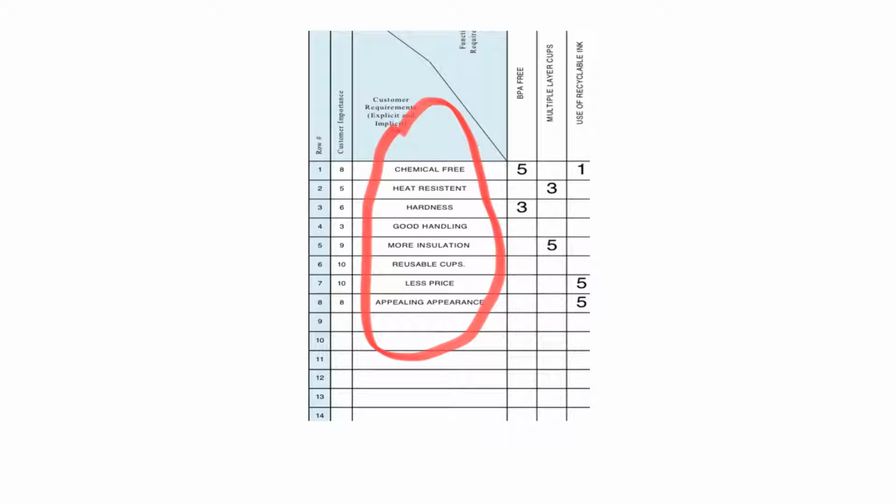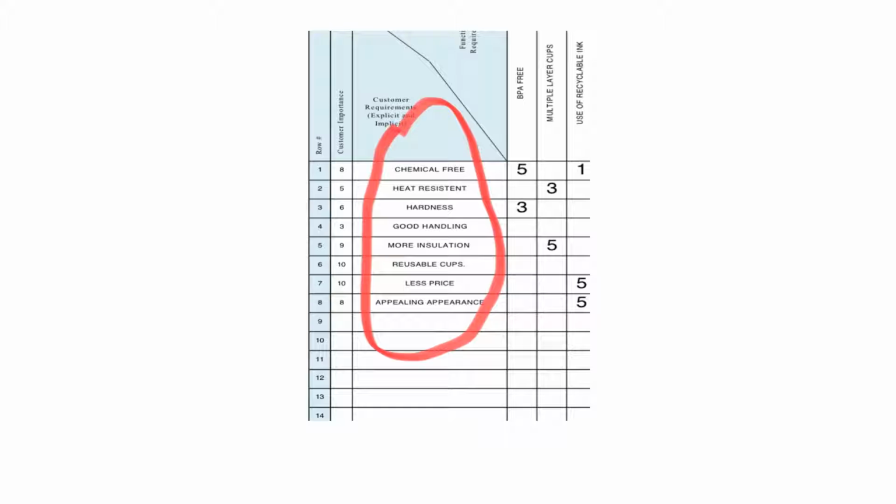When hot coffee is poured into the cup, because of the higher temperature, there might be a chemical reaction between the solution and the hot coffee, which is harmful for anyone's body. So the first requirement was that the manufactured coffee cups should be chemical free.